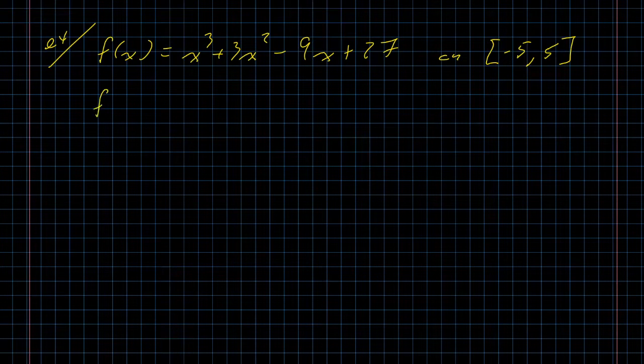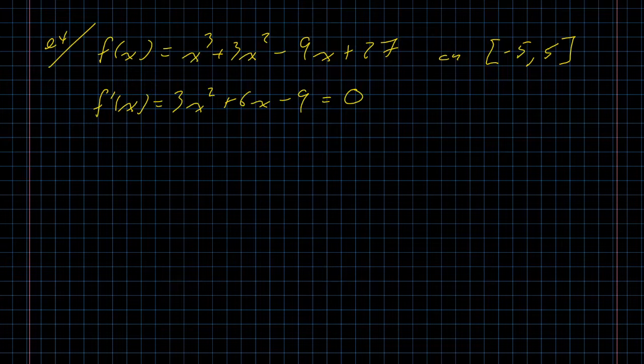We'll start by taking the derivative, which is going to be 3x squared plus 6x minus 9. And we're looking for places where this is either 0 or undefined. It's a polynomial, so it's never undefined. So we're going to look just at places where this is equal to 0.